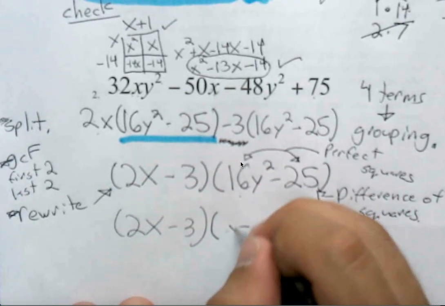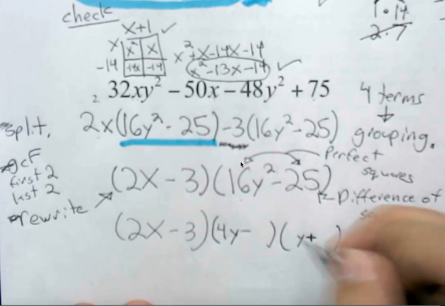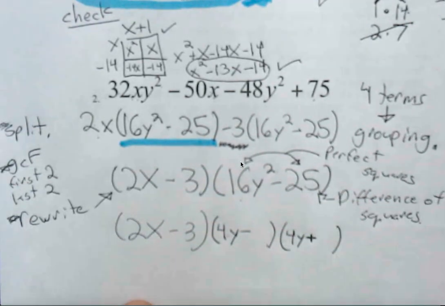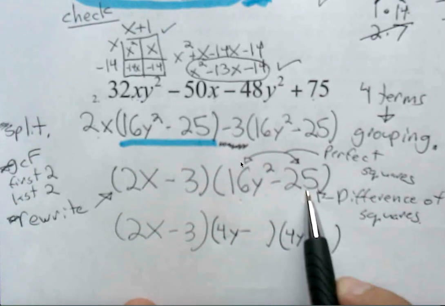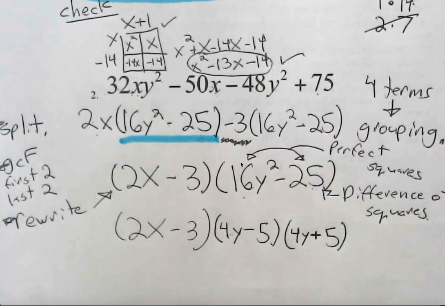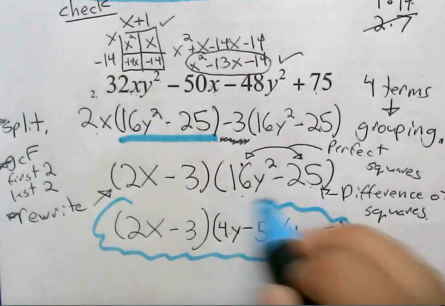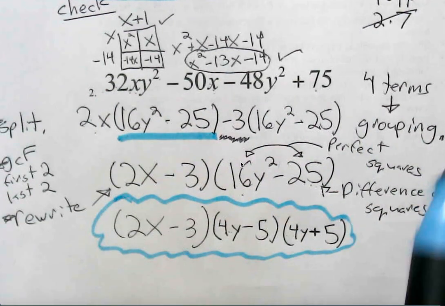Well, we know y times y gets us y squared. We also need 4y. We also need the square root of 25, which is 5. So in reality, this is the most factored version of this polynomial seen here.